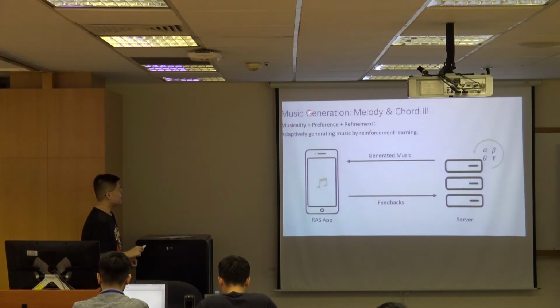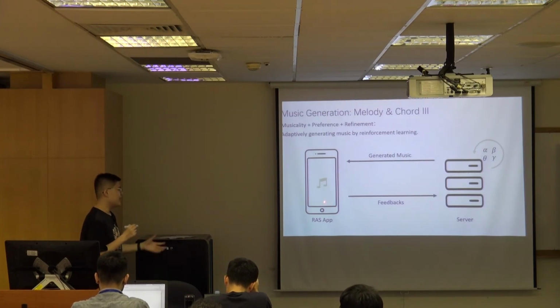Okay, if you can still remember the features of the generated song we care about, the domain-specific requirement and the musicality, the music preference, now we are going to refinement. Since it's a music generation system for a specific application, RAS, the patient will do rehabilitation in the mobile app, and after each training, he or she will give some feedback.